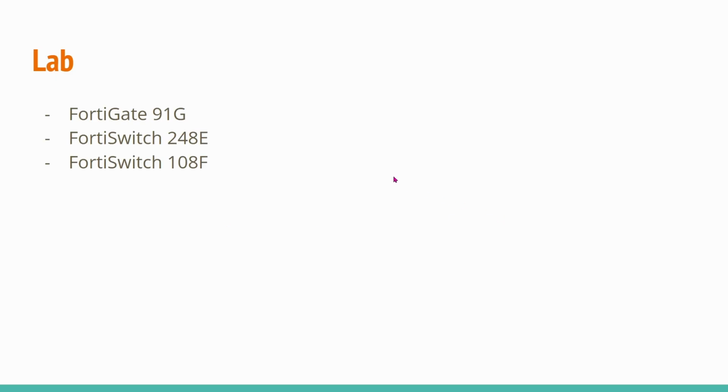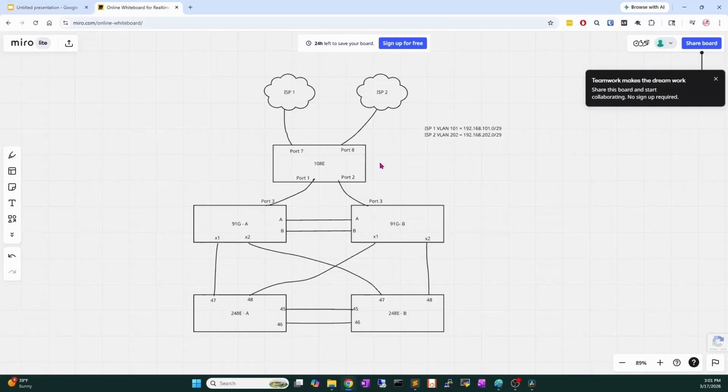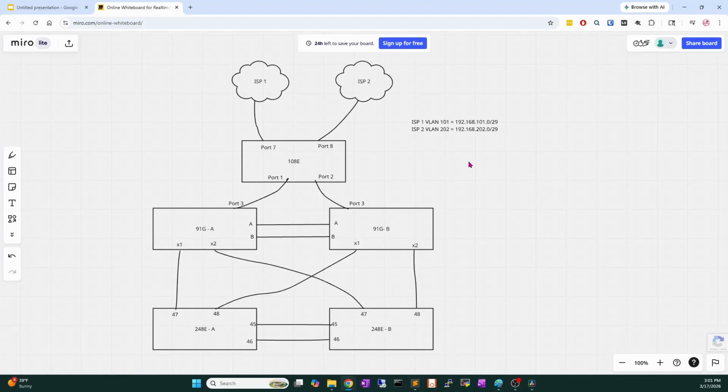I'm going to minimize this and hop over to this whiteboard here. I diagrammed out how the final topology will look, so let me see if I can zoom in a bit here. There we go. We can see here I have two ISPs, ISP1 and ISP2. I have the networking information here, and I have the VLANs that I created for them.